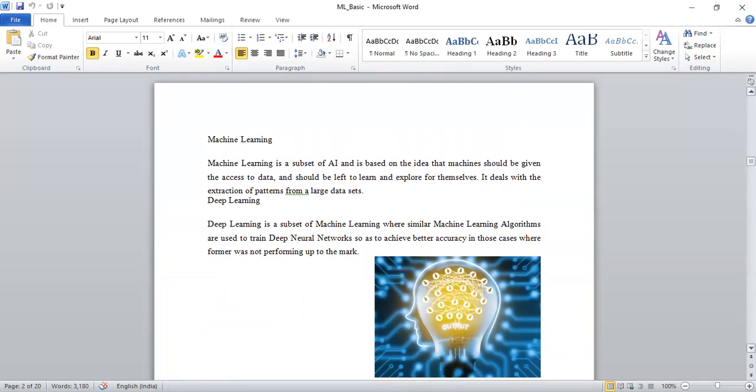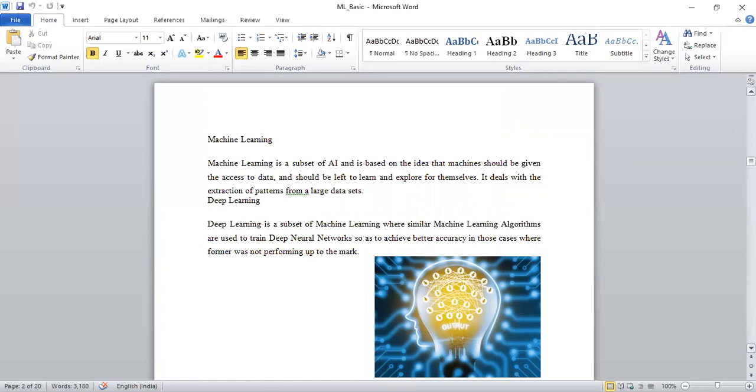This extraction of patterns is nothing but building the logic. The machine is building the logic, framing the rules. That is your extraction of patterns.